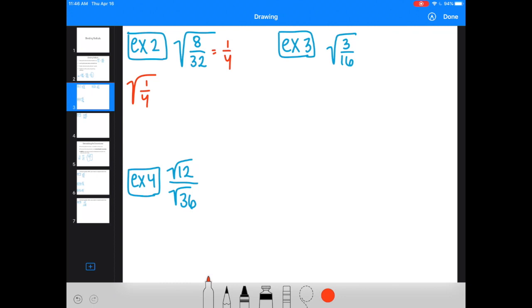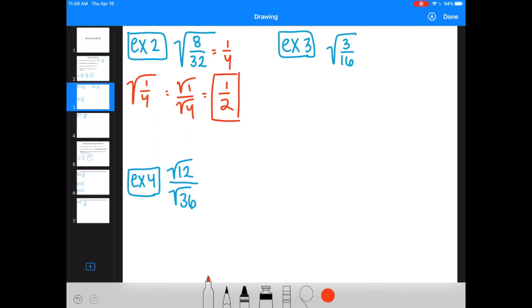Now I'm going to go through the process of dividing radicals. So now I can break that up to the square root of 1 over the square root of 4, which simplifies down to 1/2. If you look at the example above, if we would have broken that apart, we would have gotten the square root of 8 and the square root of 32, and those are not perfect squares.